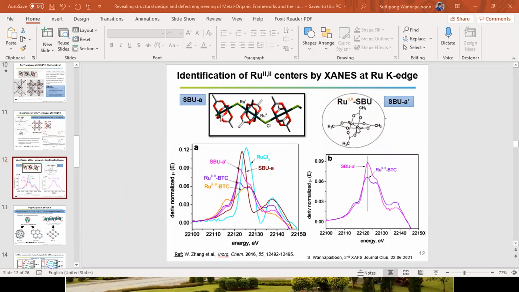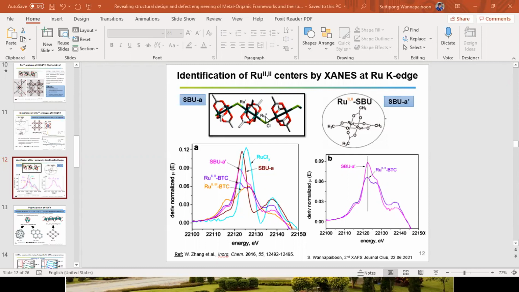From that paddlewheel structure with ruthenium 2,2, you add the ligand and it forms the ruthenium 2,2 BTC structure. That's why SBUA prime and ruthenium 2,2 BTC show more or less the same patterns, compared with the SBUA one, which deviates because the synthetic procedure changes ruthenium 2 into ruthenium 3 during the reaction.